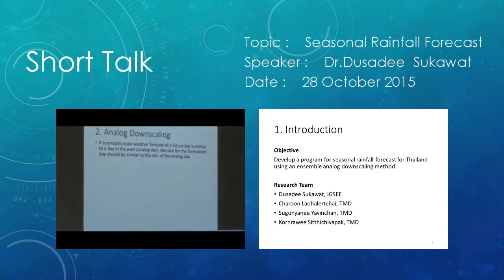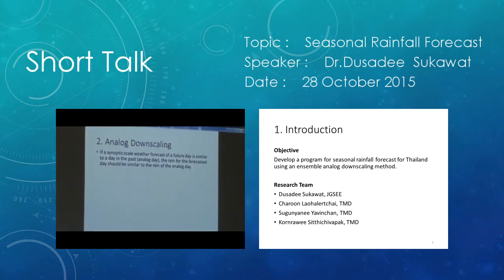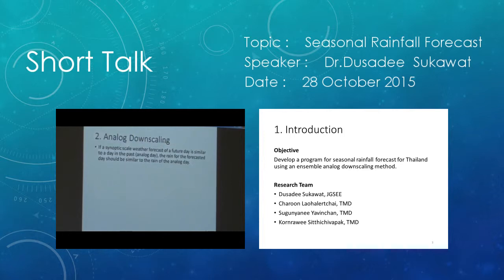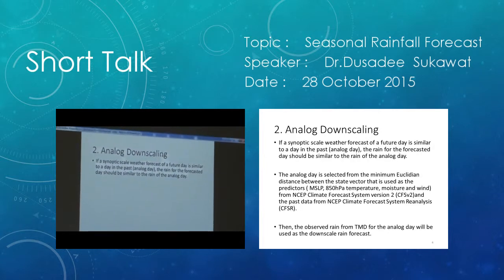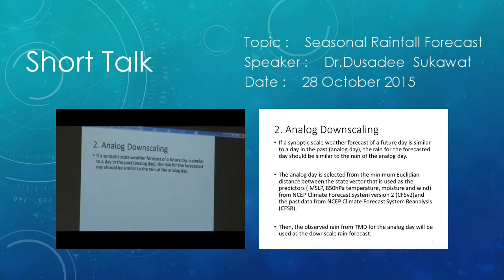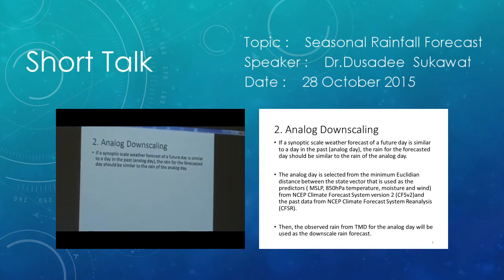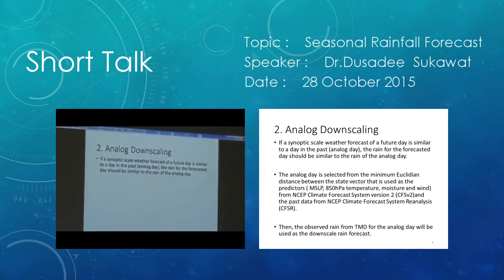The concept is this: if you make a forecast for a few days in the future, rainfall is very difficult to forecast accurately, because rainfall is what we call a discrete quantity.